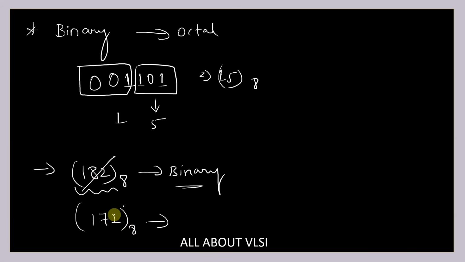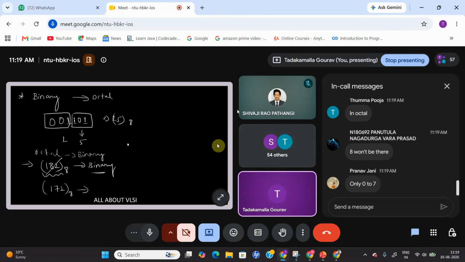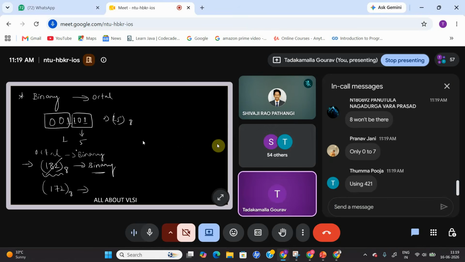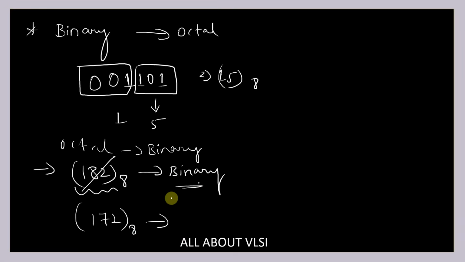Now what will be my answer and how do we convert octal to binary? Exactly, using 1 to 3, we convert each digit. That is 0, 0, 1, then 1, 1, 1, and 0, 1, 0. That's it, base 2.